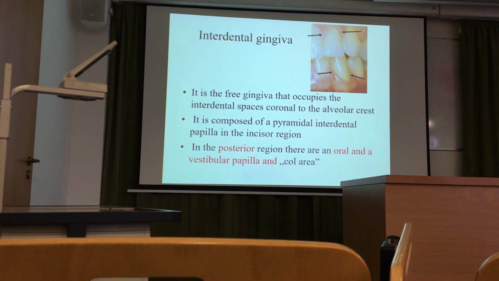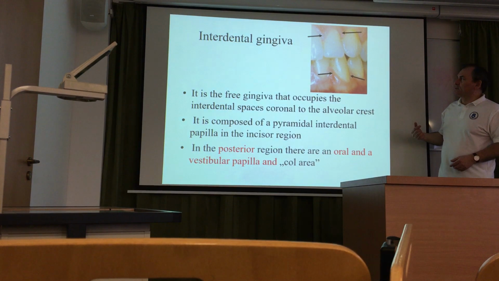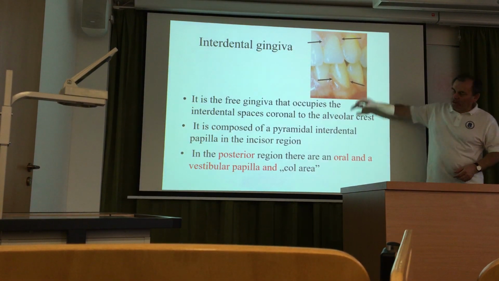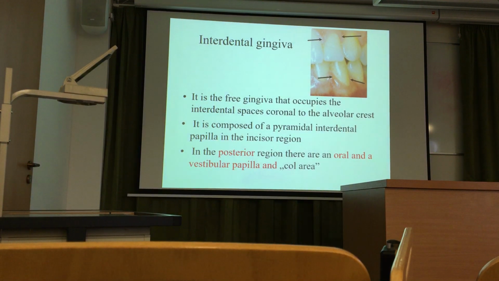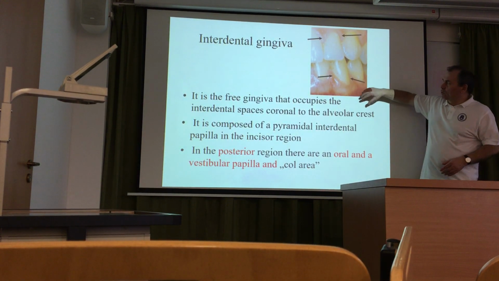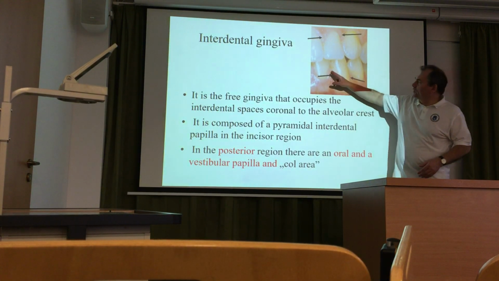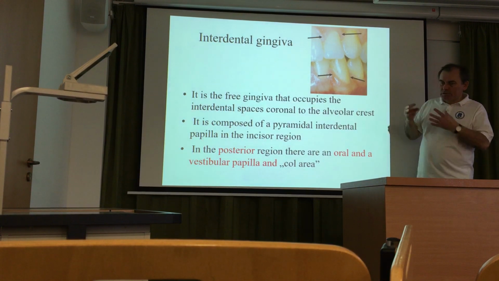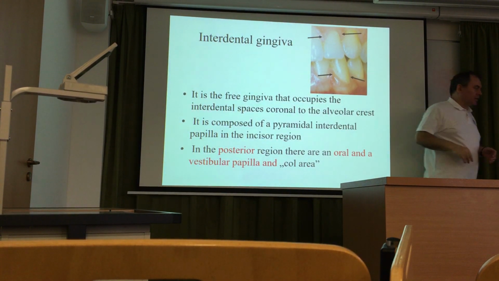And the interdental gingiva is very important in a healthy situation, because we have here the core area. This core area is very sensitive to initiation of the periodontal lesions, because in this core area the epithelium is very weak. So we don't have strong epithelium between these, as a covering, as an upper layer.